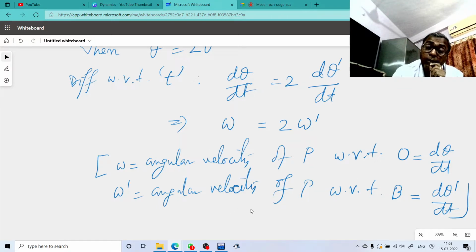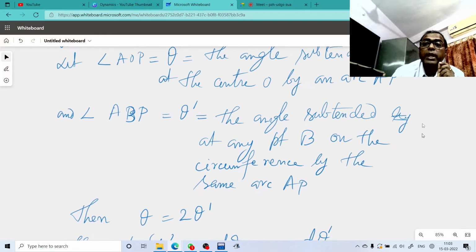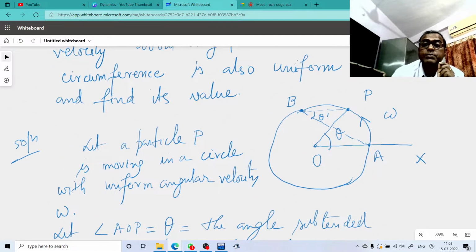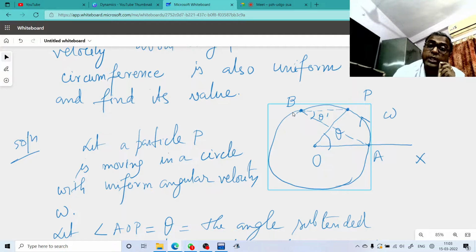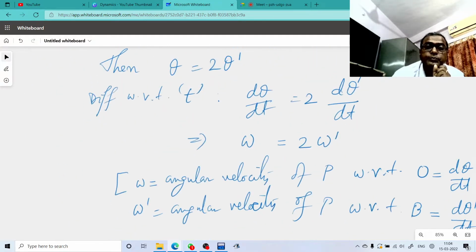Omega dash is the angular velocity of the same point P with respect to B, any point on the circumference. And omega is the angular velocity of P with respect to the center O. Clear?